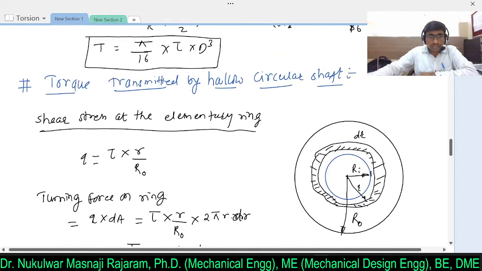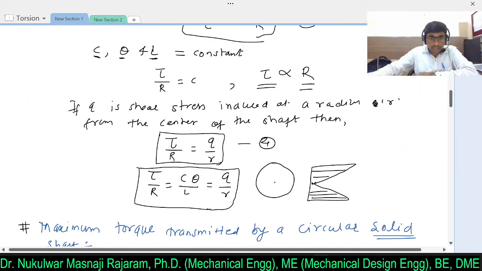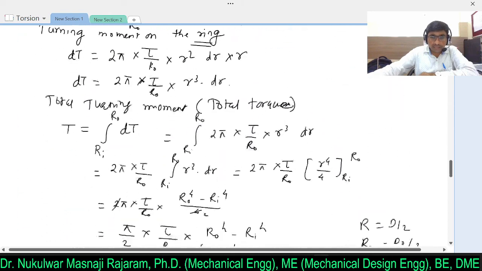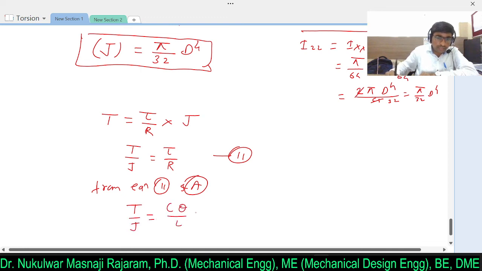Tau by R we have already written over here; let's say this is equation number A. From equations 11 and A, I can write T by J equal to C theta upon L, equal to tau by R, clear.